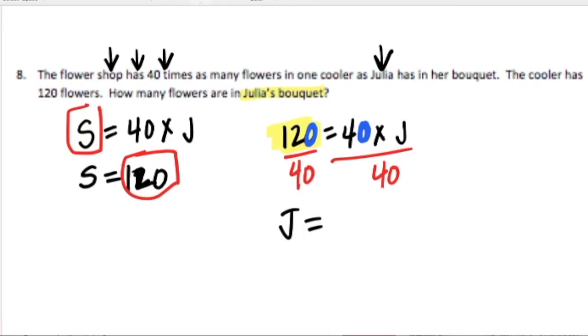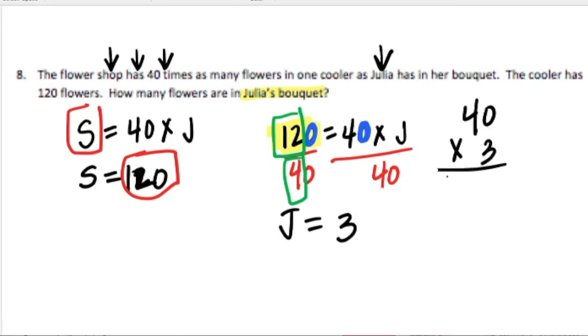So I'm going to do the same thing we've been doing. Find the basic facts, right? 12 divided by 4, that equals 3. Will there be a zero? No, because 40 has 1 zero. And I could even check this. 40 times 3, that would be 4 times 3, which is 12, and 1 zero.